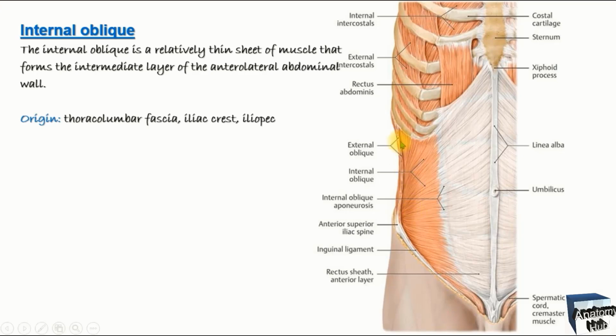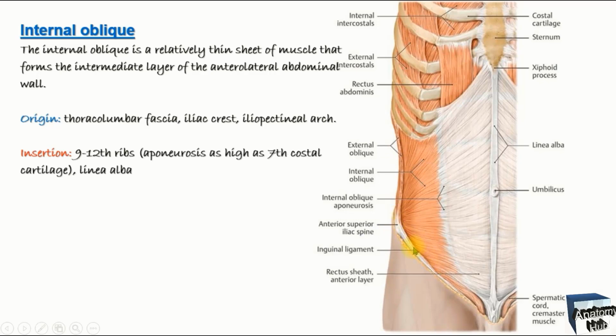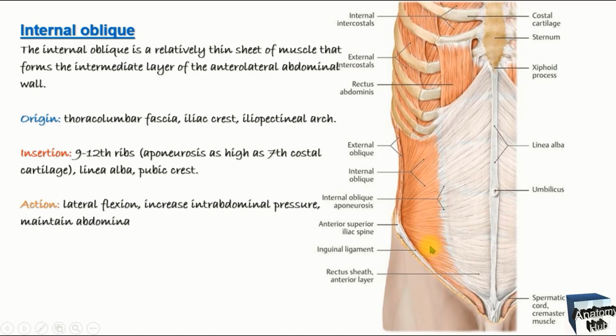Its origin is from the thoracolumbar fascia that we'll find over here, from the iliac crest and from the iliopectineal arch, okay, and mainly the inguinal ligament also gives origin to this internal oblique muscle.